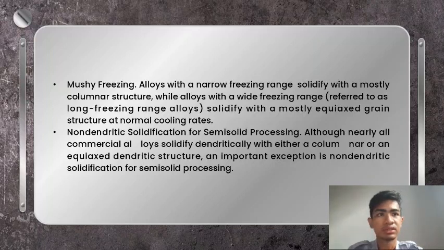Forced convection, or mechanical agitation, increases shear and turbulence in the liquid, which promotes the solidification of the globular semi-solid structure. However, recent research and development show that it is not necessary to use shear force to produce the globular semi-solid structure.